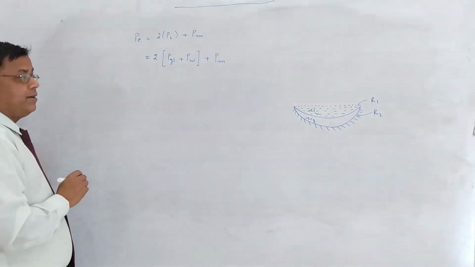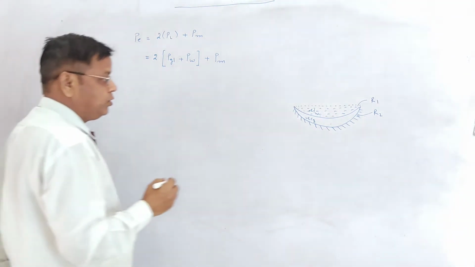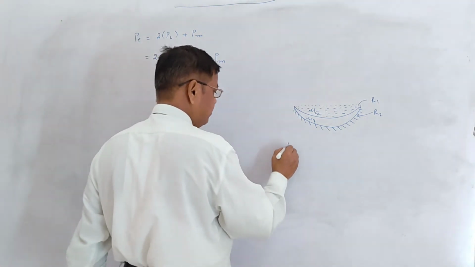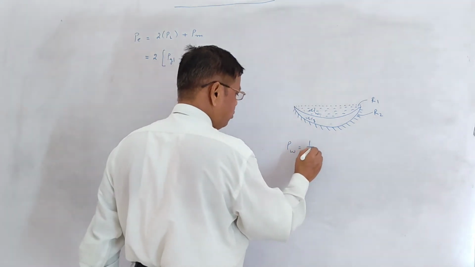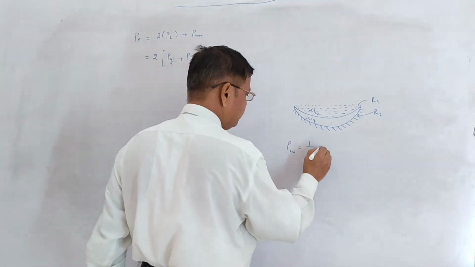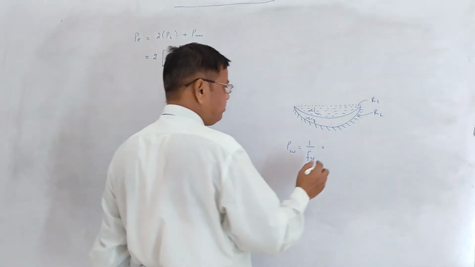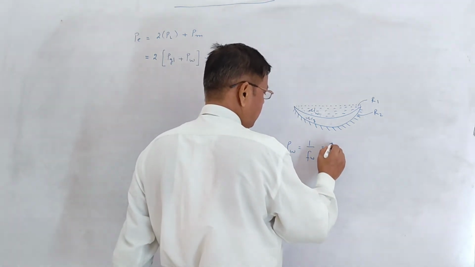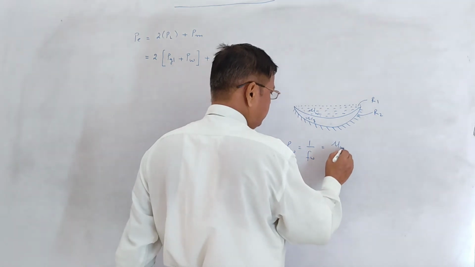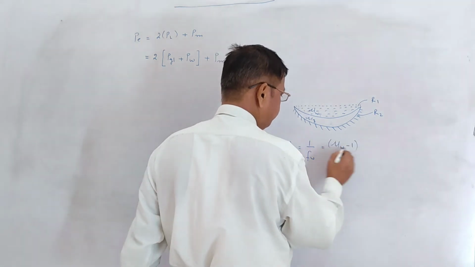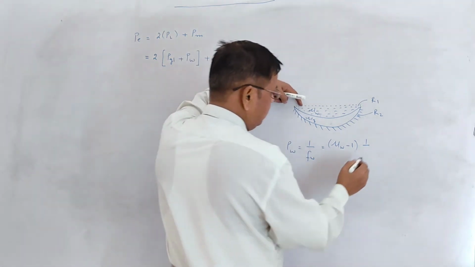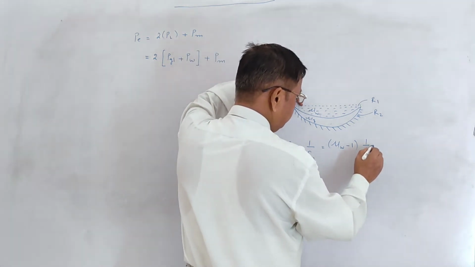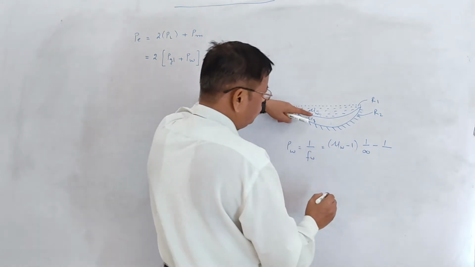Now I think you understand how to write the power of the water lens. It is 1 upon focal length of water lens. So it is mu of water minus 1 upon R1. R1 is infinity minus R2.